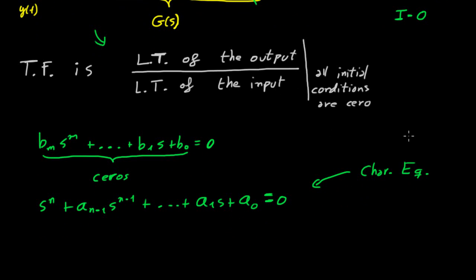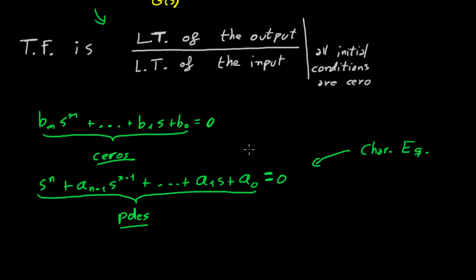Well, the roots of such polynomial are called the poles of the transfer function, or the poles of the system. Both poles and zeros completely characterize the dynamic response of the system. And this is very important, because what we actually do in control, or at least in basic control, is to change poles and zeros of the systems in order to change their behavior according to our desires.